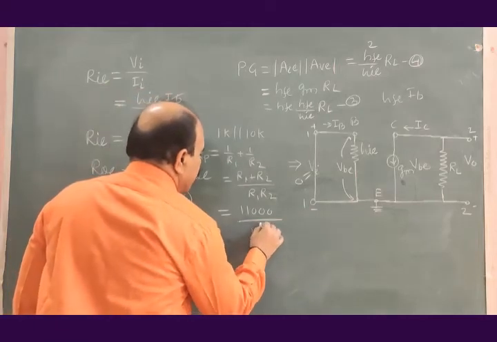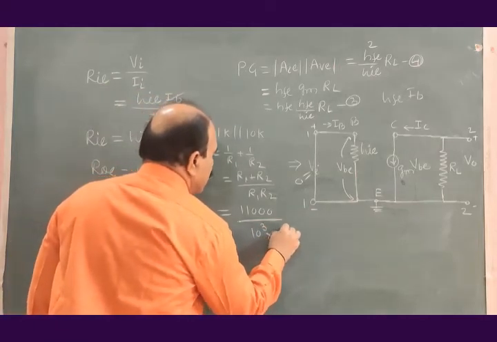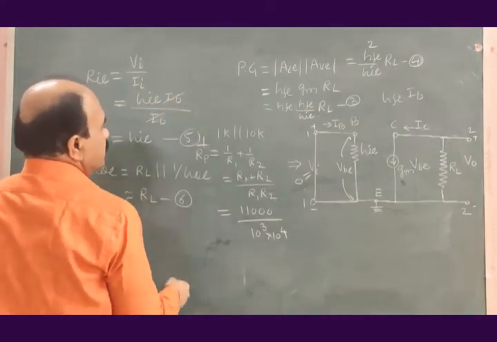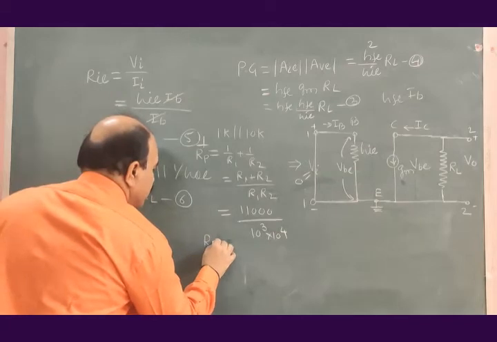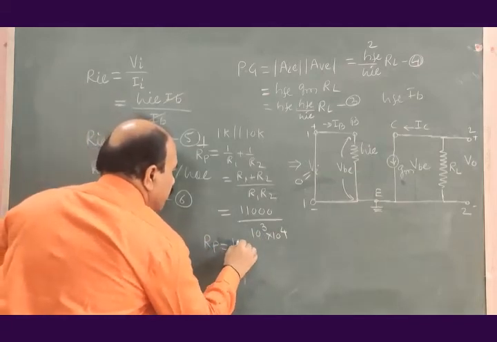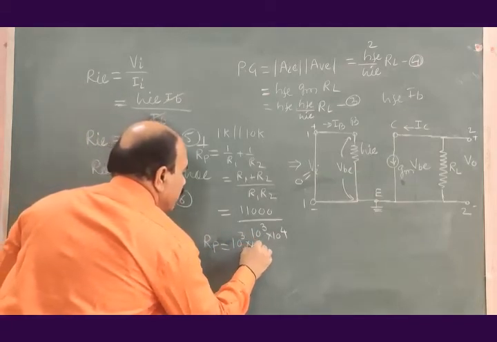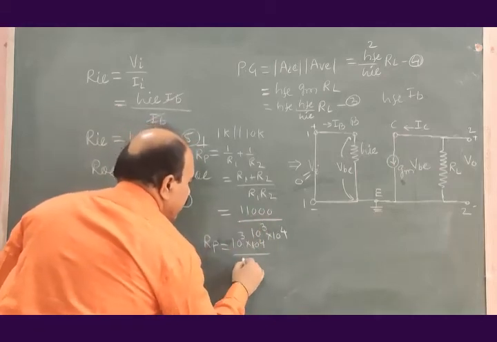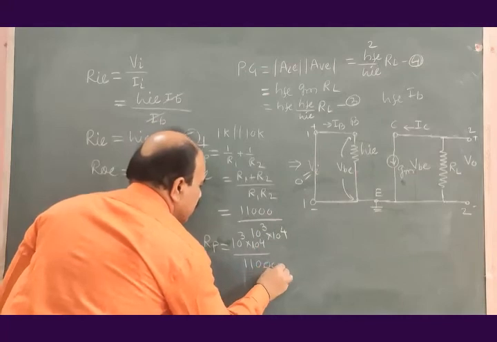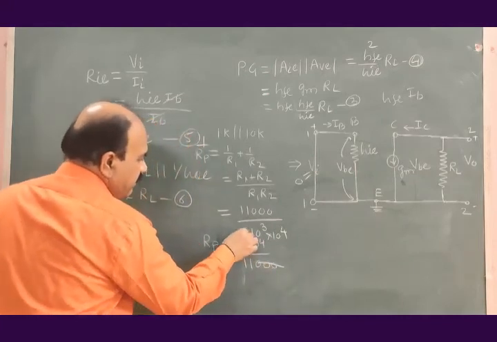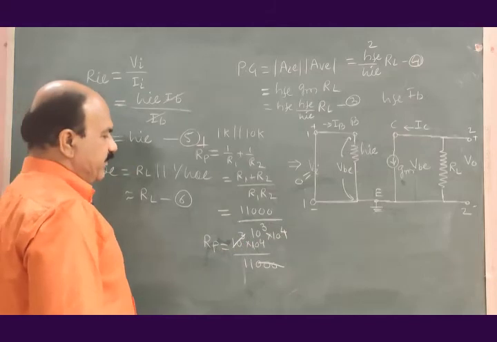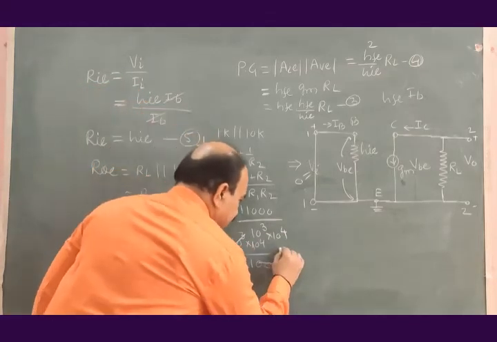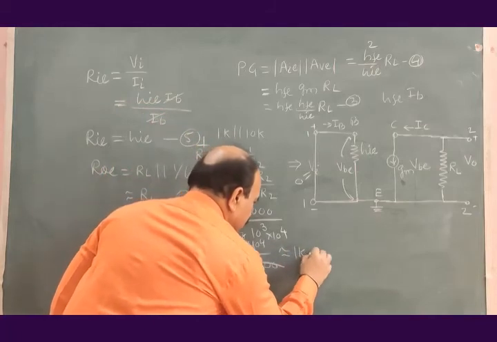It will be 10 to the power 3 into 10 to the power 4. 1 by RP is this. So RP is equal to 10 to the power 3 into 10 to the power 4 divided by 11,000. These 3 get cancelled with this 10 to the power 3. This is 10 to the power 4 divided by 10. It is approximately 1 kilo ohm.